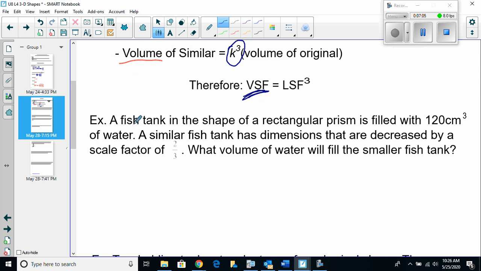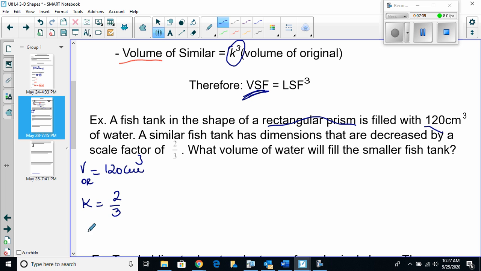Okay, so a fish tank in the shape of a rectangular prism is filled with 120 centimeters cubed. That means that the volume is 120 centimeters cubed. A similar fish tank has dimensions that are decreased by a scale factor of 2/3, so the first tank is the original.